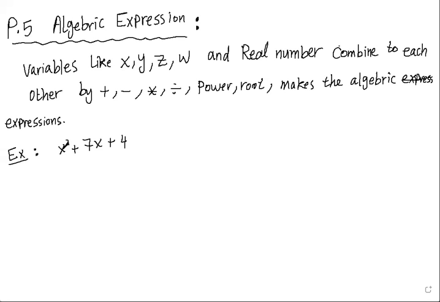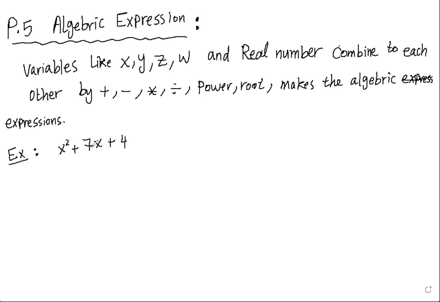Because we have a variable, x, and numbers, 7 and 4, and all of them are combined using operations, plus, and also I have a power, look here too. All of these make an algebraic expression.